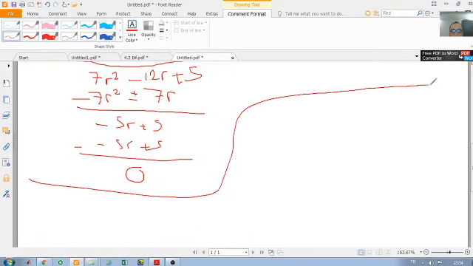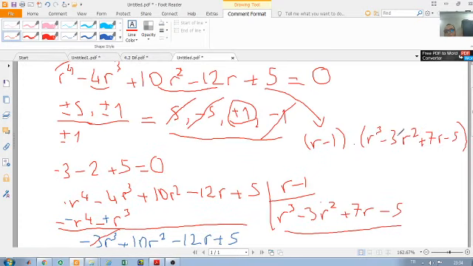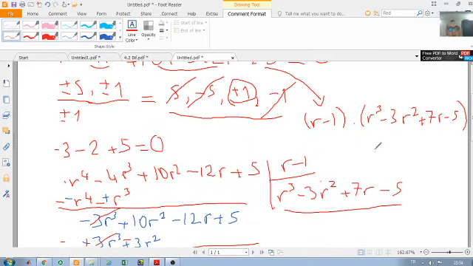Second, now let's find the roots of this one. Let's follow the same way. Namely, for the numerator we will find the factors of the constant. The constant is minus 5, and its factors are plus minus 5 and plus minus 1, over the factors of the coefficient of the term which has the highest degree of the characteristic polynomial.